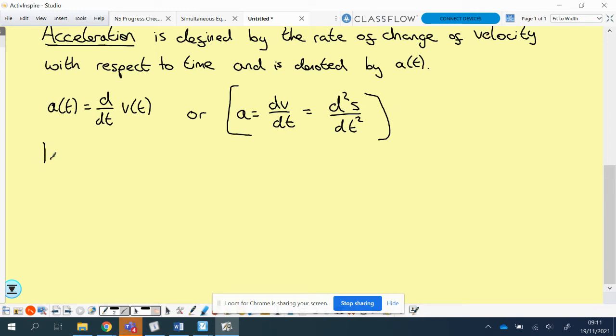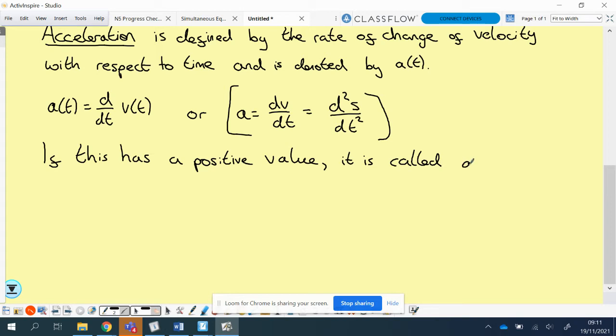So if this has a positive value, I'm still talking about the acceleration here, it is called acceleration, but if it's negative, then we say deceleration.